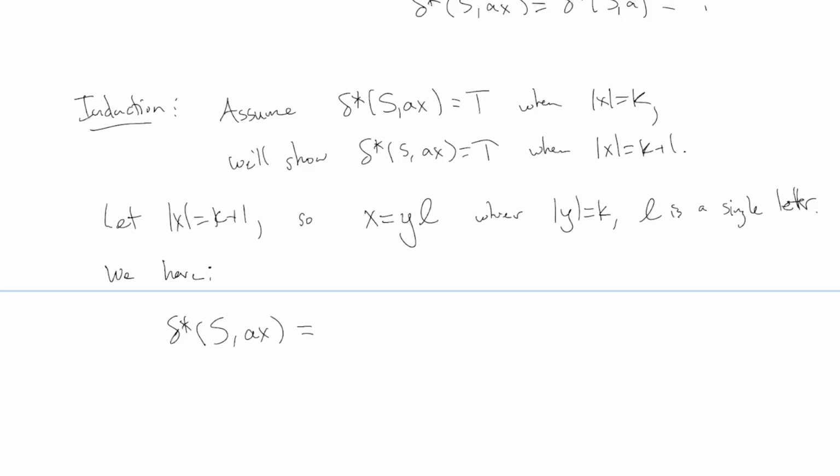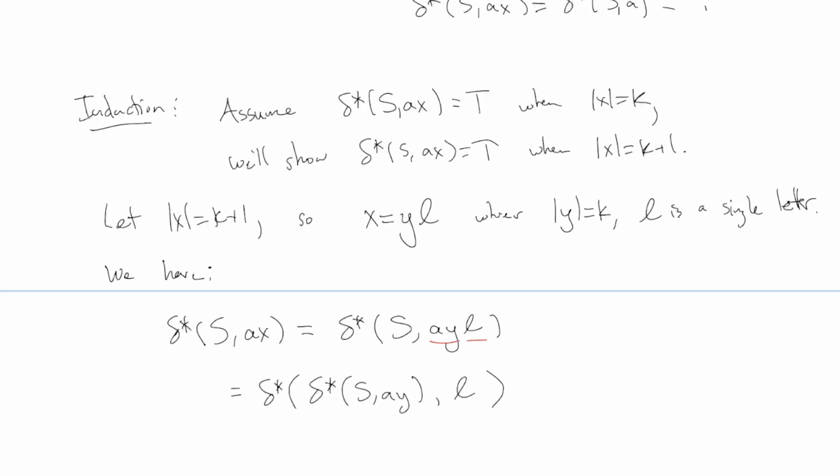X is YL, so I'm just going to plug in AYL instead of x, where L is a single letter. And now I'm going to do my delta star thing by breaking up this string here, and I'm going to break it up in this way: AY followed by L. So now it says delta star of (delta star of S, AY), comma L, like that.